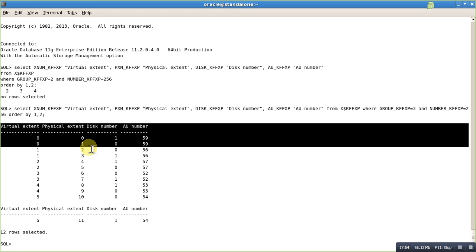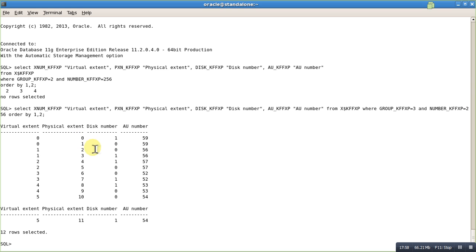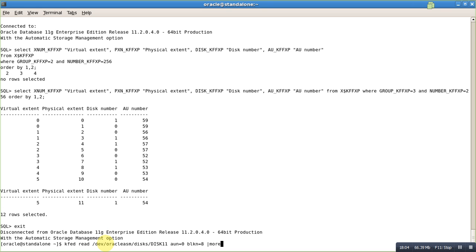Okay, so let's consider the physical extent or the extent numbers. Now let's start with block number 2. So I'm verifying for this number 11.